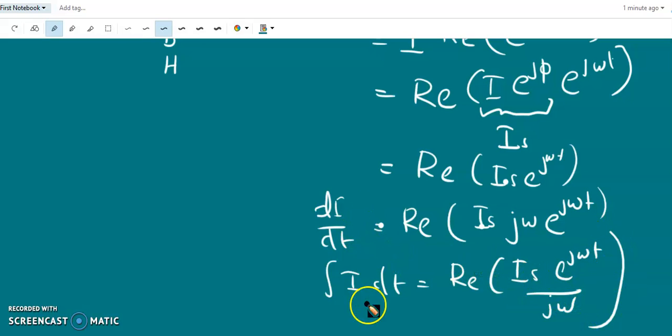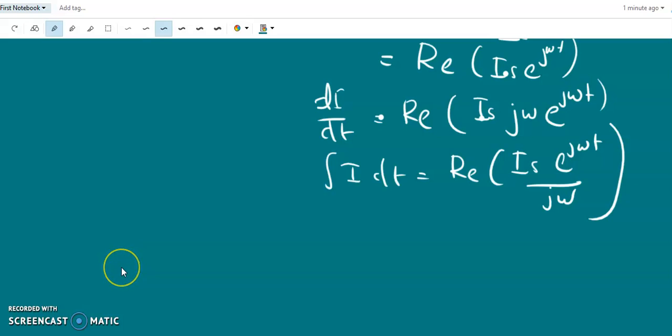So it is easy to solve equations containing the derivatives and integrals of I, since we can cancel the e to the power j omega t term as well as the real part term from each and every term. We have already discussed the example of the LCS circuit in our live session.